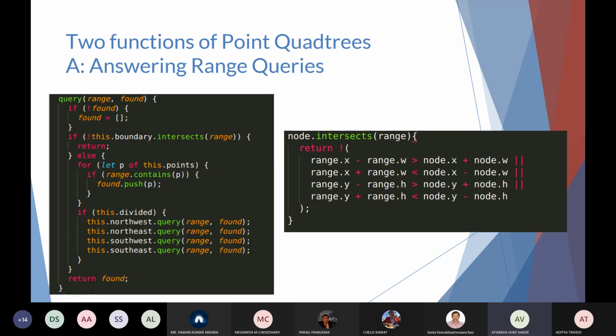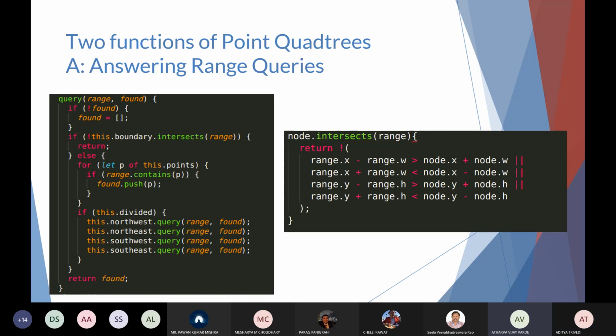Then we come to discussing what the quadtree might be used for. The first use is, of course, to find the number of points in a particular region, a particular square or rectangle. This is a function that will do that. The query function begins with a range and an empty found array, and we check how many points lie in this range.